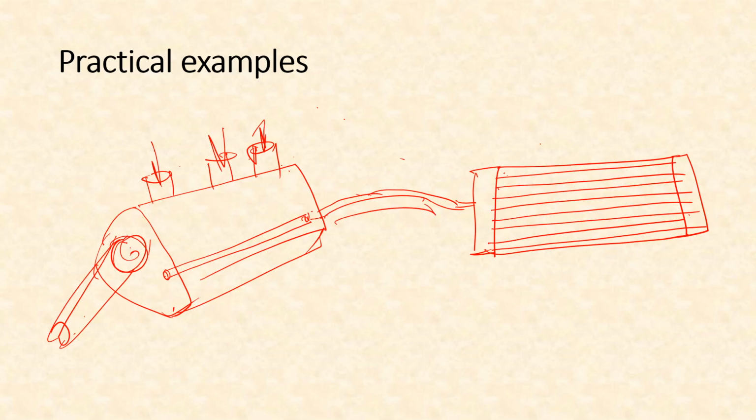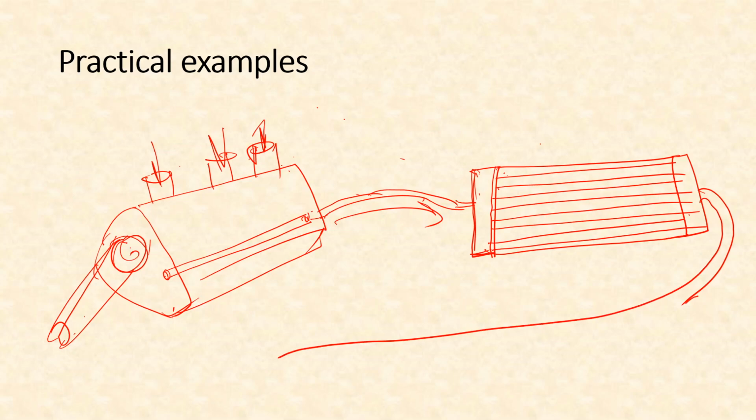Now up to this point, water is coming only through one tube, but as soon as it enters the radiator, suppose there is a place where you divide the whole flow into different pipes, and through these very small metal pipes, water is transferred to the other side.